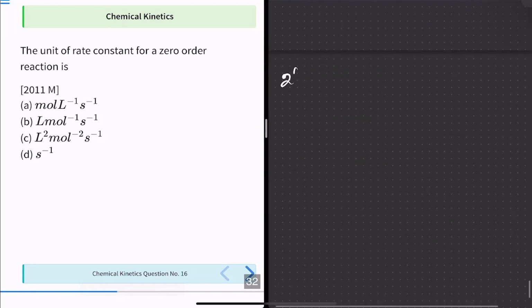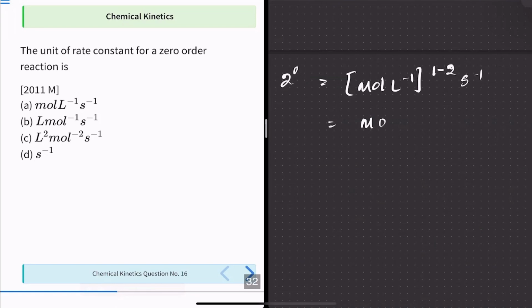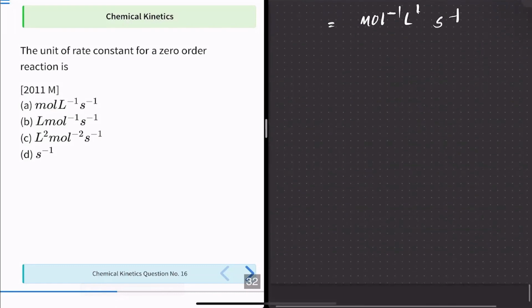For a second order reaction, mole per liter to the power 1 minus 2, n value is 2 here, per second. Means mole per liter to the power minus 1, that means mole to the power minus 1, liter to the power 1 per second.